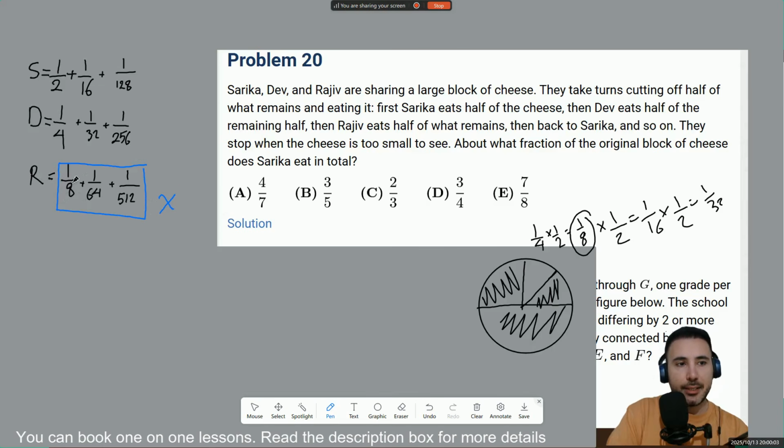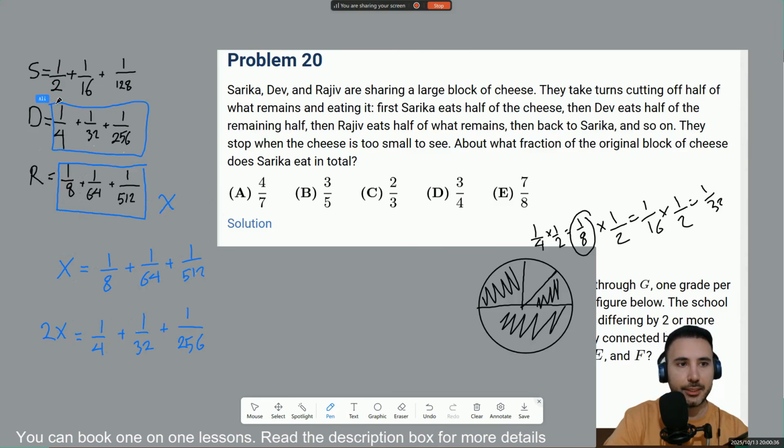So if this is X, what happens if I multiply X by 2? 2X will be 2/8, which is 1/4. 2/64 will be 1/32. And the next one is this. So you see now, D is actually 2X.